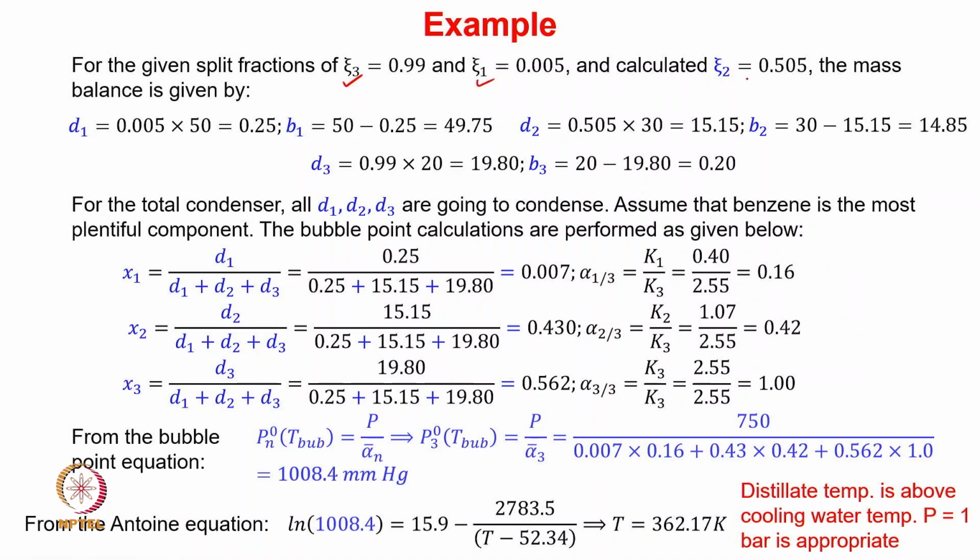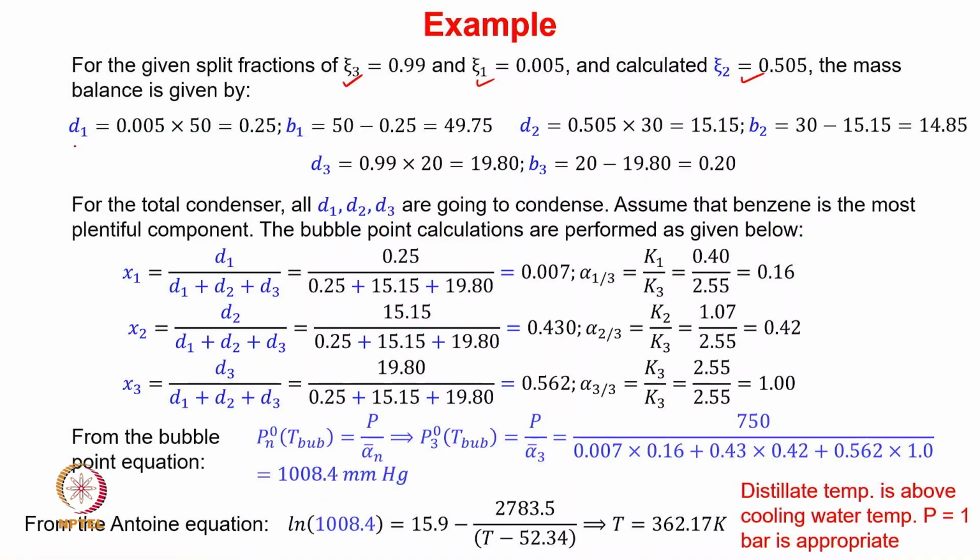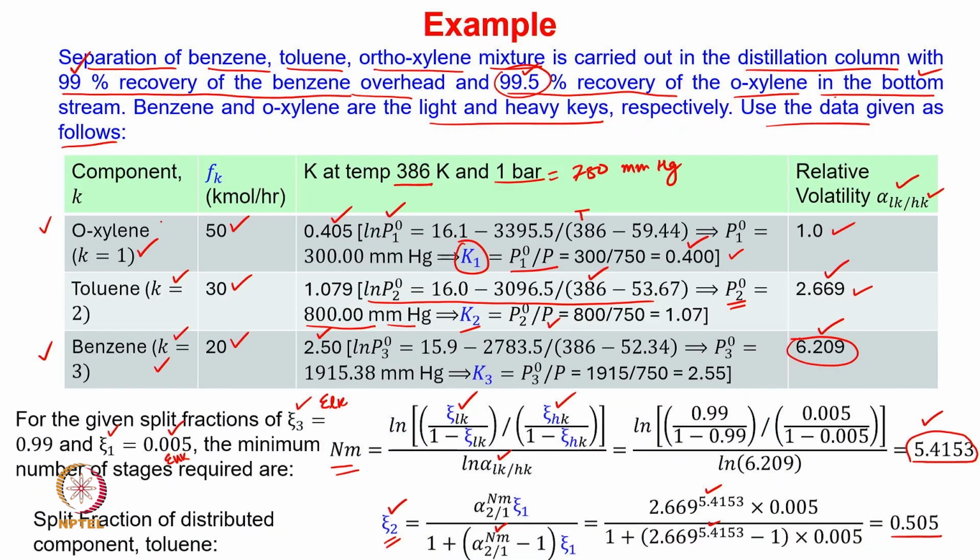These split fractions we have already obtained. Now we can calculate how much will be the light key component in the distillate and how much in the bottom product. Similarly, we can calculate the values of different components in the distillate and the bottom product. So D1 is nothing but, remember, in this case D1 is with respect to orthoxylene. Orthoxylene is a heavy key component.